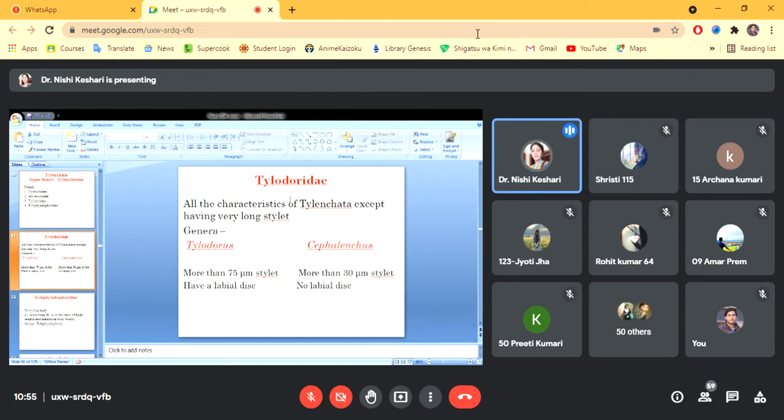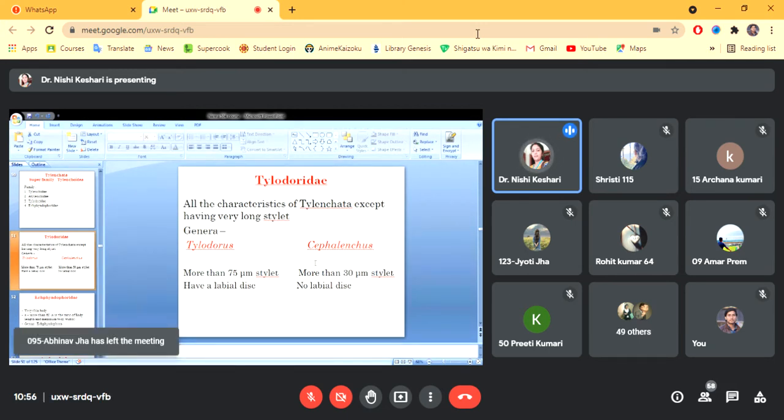Since this family may have many nematodes, but those nematodes which are infecting our crops are Tylodorus and Cephalanthus. See all the characteristics of Tylenchata except having very long stylet. Means all the characteristics you have seen under Tylenchata group, they have all these characters and very long stylet. They have like Tylodorus and Cephalanthus.